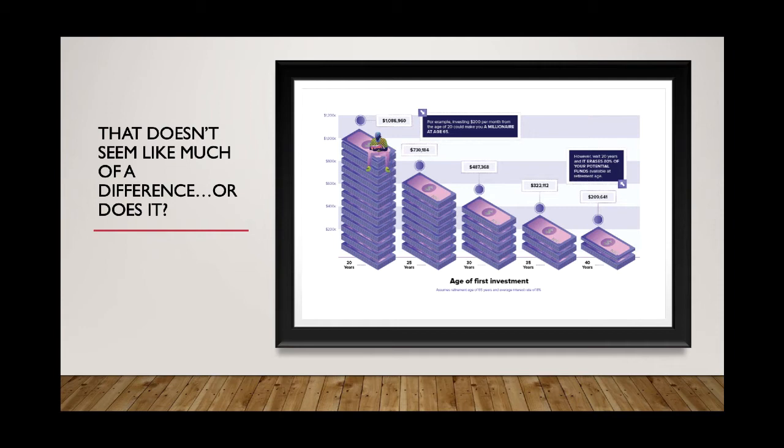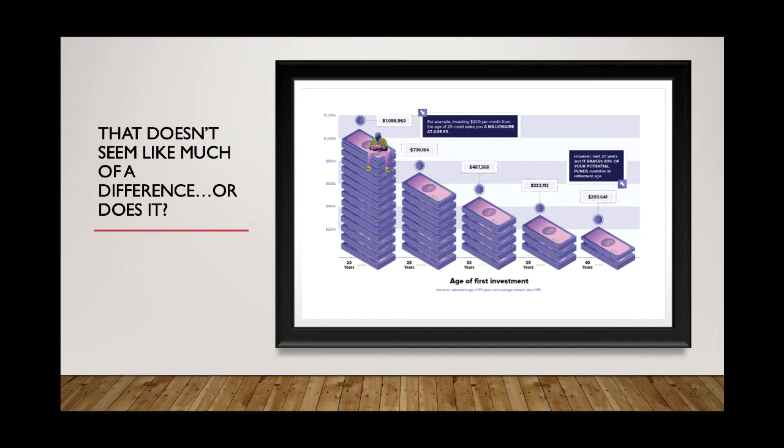Well, you can see here what this is saying. The principle of compound growth means that measly $200 per month is going to make you a millionaire by the time you retire. That's right. Take a look at that, right? You will have earned over $1 million if you started at the age of 20.